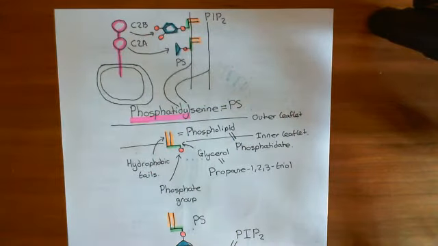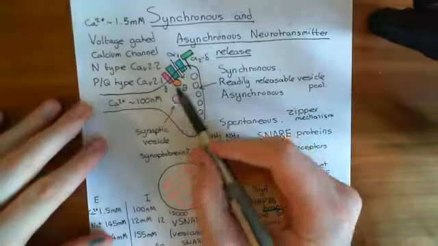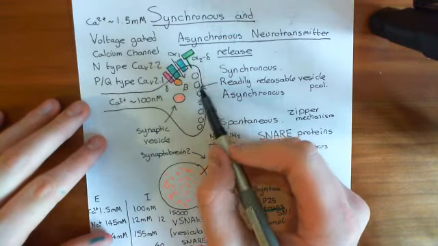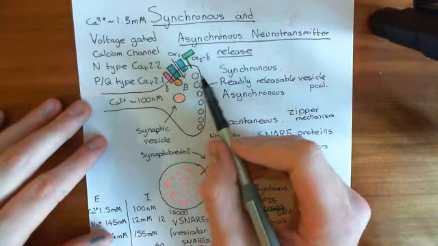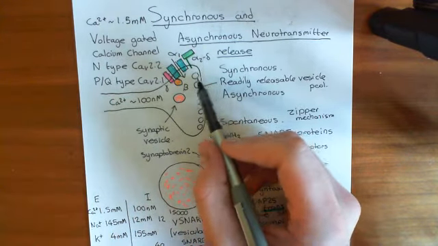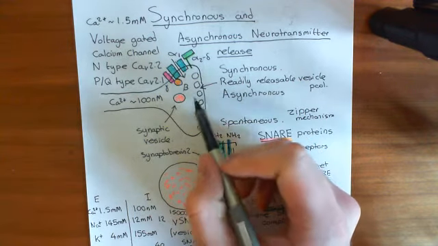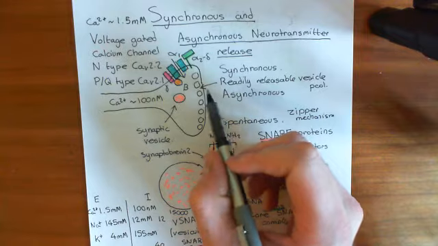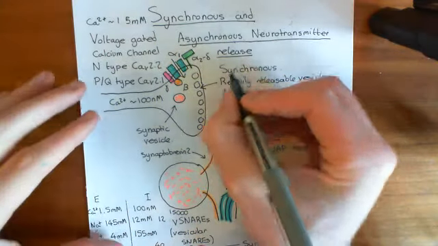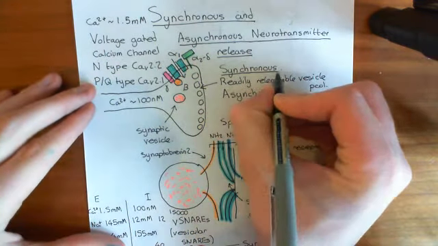Okay, right, so that is what causes synchronous release of neurotransmitter, this rapid release of neurotransmitter when an action potential arrives. So when an action potential arrives, it's going to cause the release of all of these already docked vesicles from the presynaptic membrane here, and they're all going to release their neurotransmitter contents into the synaptic cleft, and that's this synchronous release of neurotransmitter.